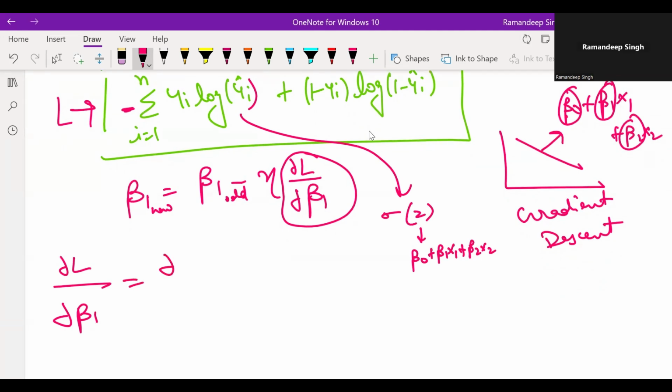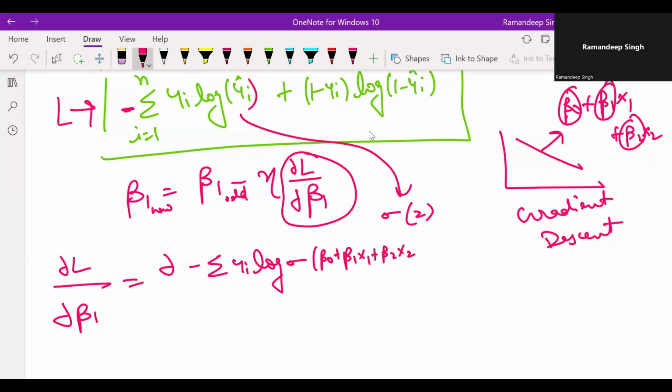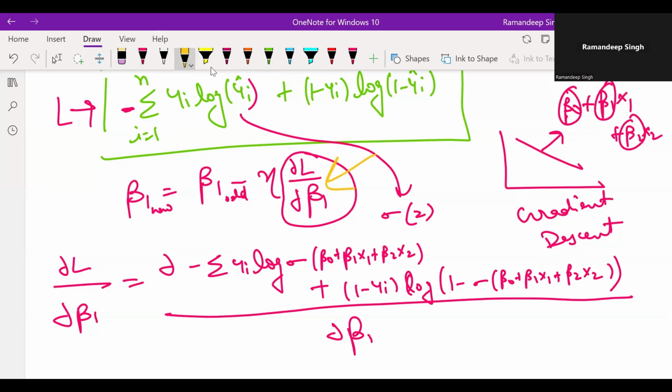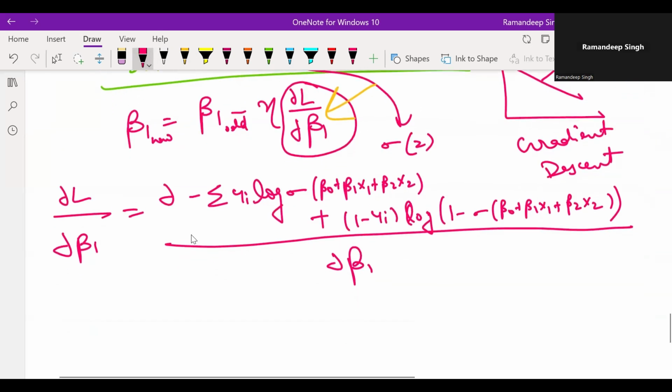So I can write it as negative, yi log sigmoid of beta naught plus beta 1 x1 plus beta 2 x2, plus 1 minus yi multiplied by log of 1 minus sigmoid of beta naught plus beta 1 x1 plus beta 2 x2, right? And this is the derivative with respect to beta 1, since I am trying to find this value for my update rule in gradient descent.